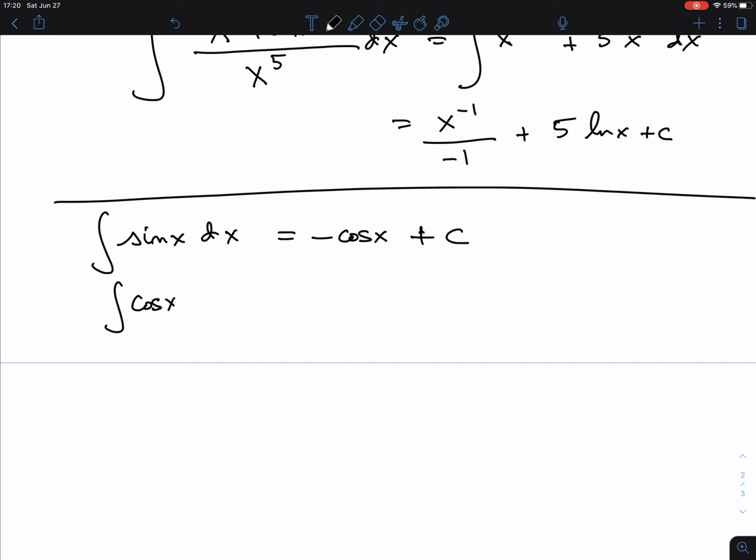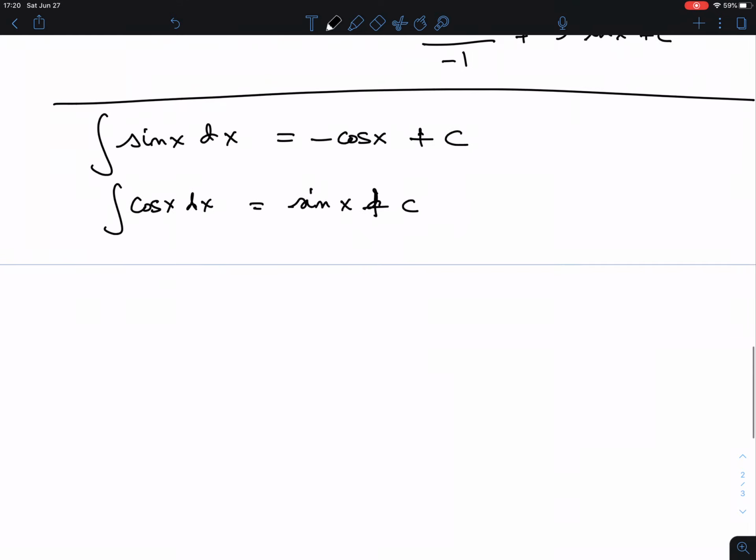Derivative of negative cosine x, think about it for a sec. That now is indeed sine x. Plus a constant. Okay. There are a couple more that we know. The antiderivative of secant squared x dx. That's tangent x, right? The antiderivative of secant is a different story, and we have to wait for much later. So, so many things we don't know yet what antiderivatives are.